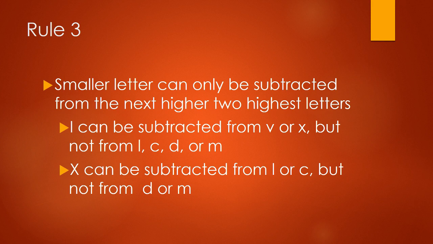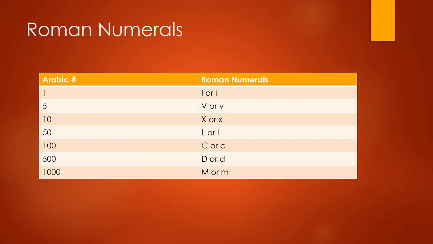The letter I can be subtracted from V or X, but it cannot be subtracted from L, C, D, or M. Additionally, X can be subtracted from L or C, but not from D or M. If you go back to the chart, you can see that the two letters greater than I are V and X. And for X, the two greater letters are L and C. So those are the only letters that can be subtracted from.